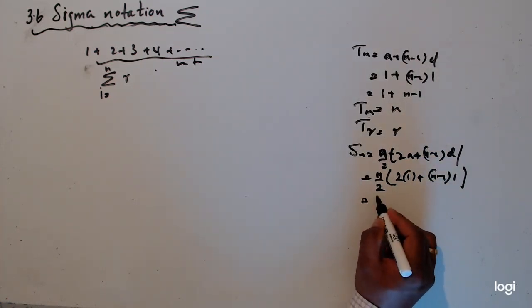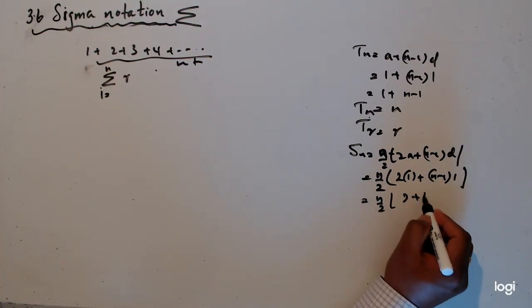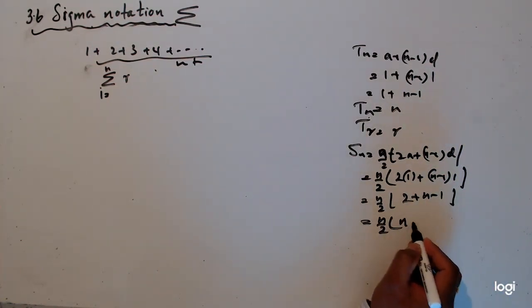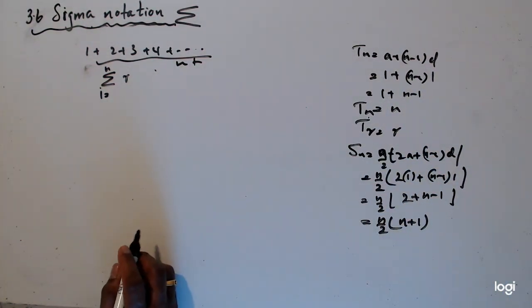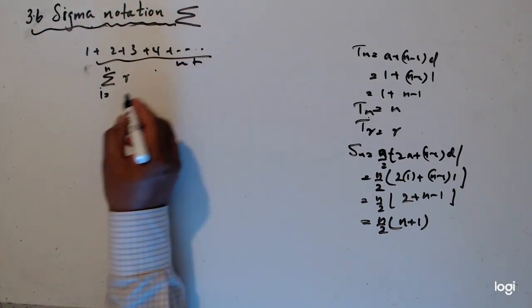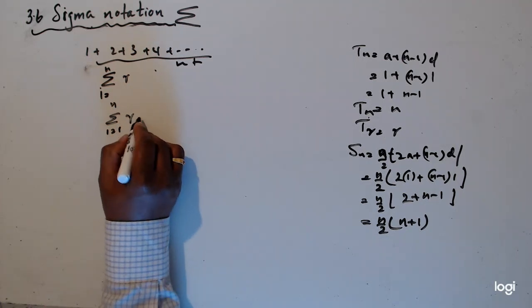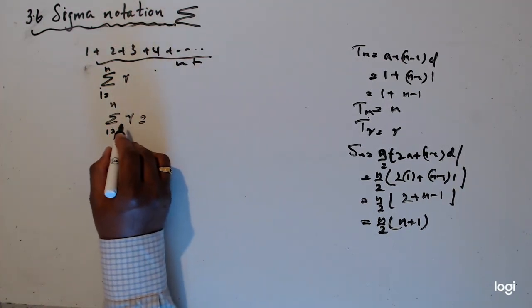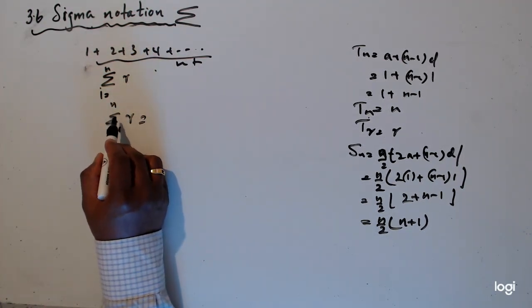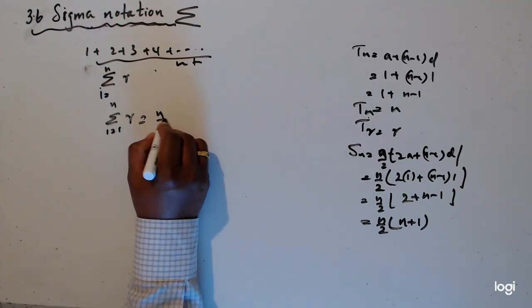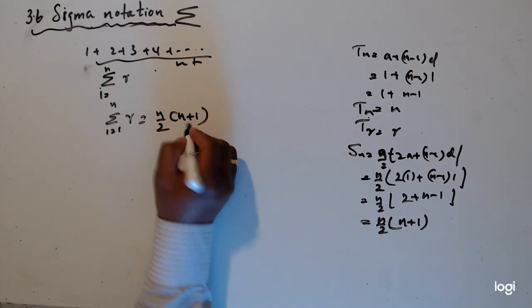This is n divided by 2, times (2 plus n minus 1), that is n divided by 2 times (n plus 1). So the summation of r from 1 to n, this series, the addition up to n, is simply n divided by 2 times (n plus 1).